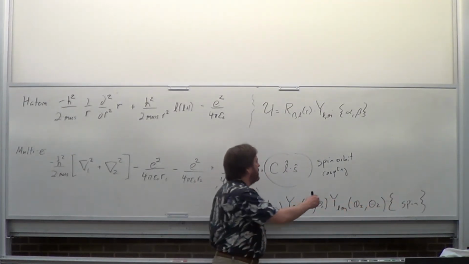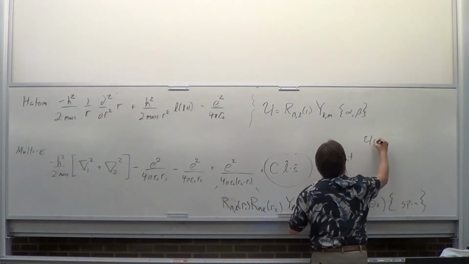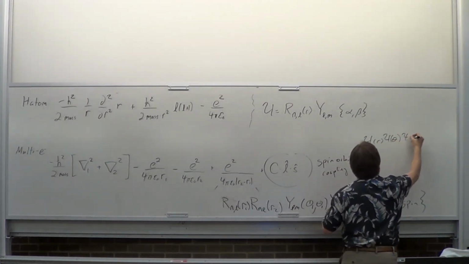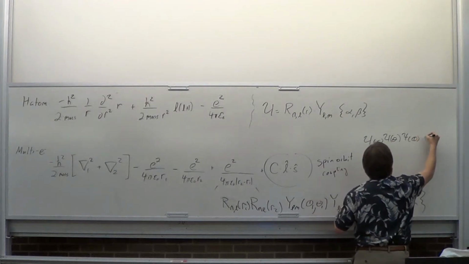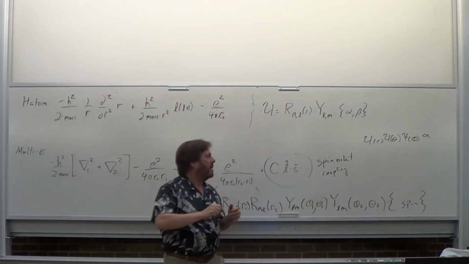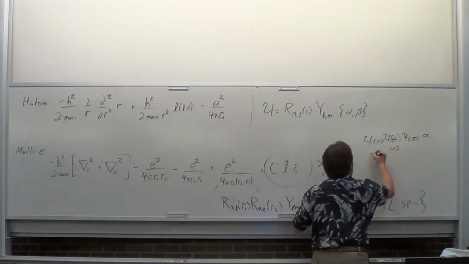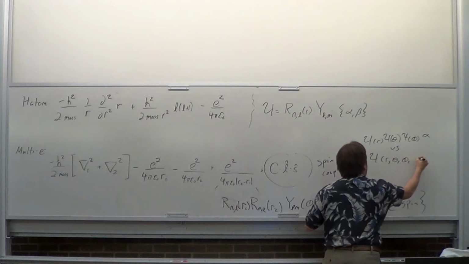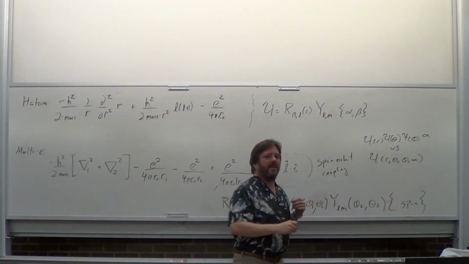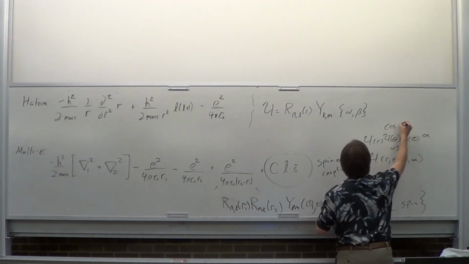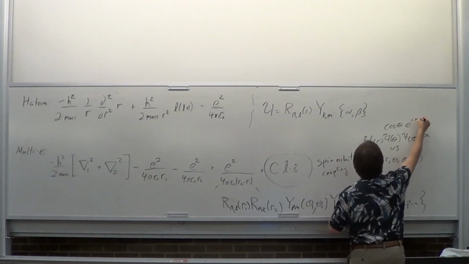So remember that separability means that you've got all of them multiplied together versus that. An example is like cosine phi e to the i m.